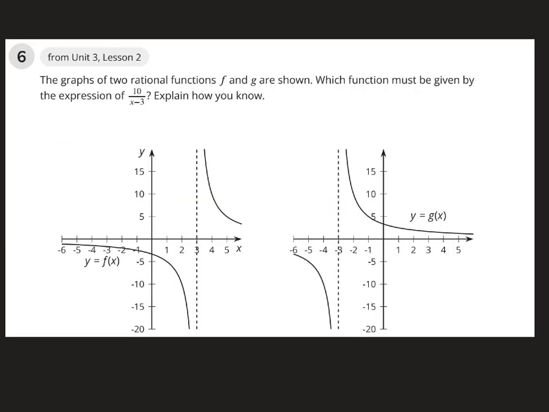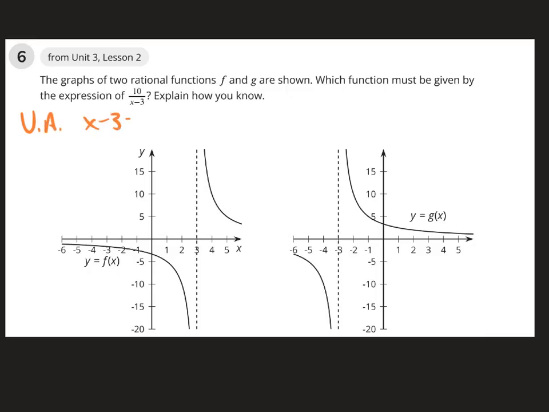Okay, so now on this one, they're asking us to find the vertical asymptote. How do we know they're asking us to find the vertical asymptote? Because the dotted lines are vertical this time. These functions have a vertical and a horizontal asymptote. We could find both. I think you could look at the graph and tell, but let's see. So for vertical asymptotes, set the denominator equal to 0.